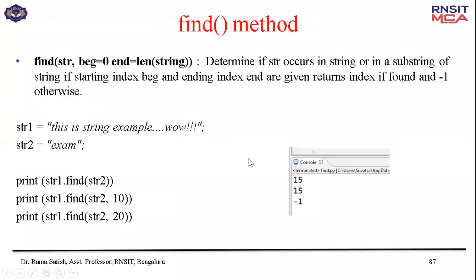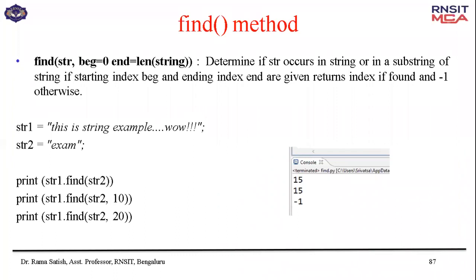So next is find. Count will do the same thing and find also will do the same thing, but the difference between count and find is that find determines if the string occurs in the string.